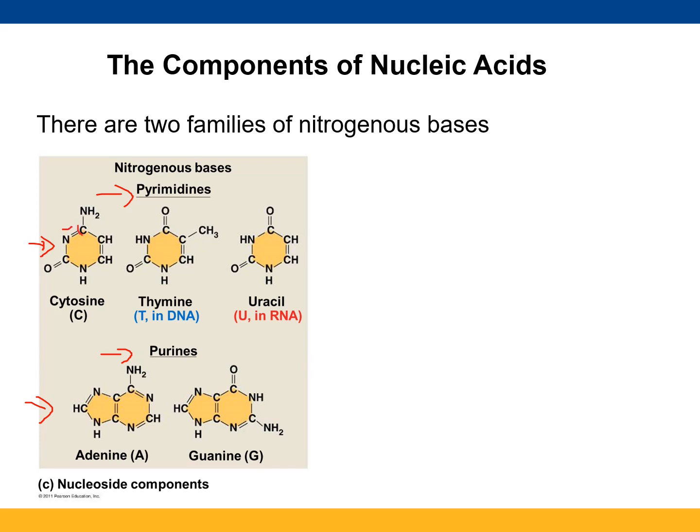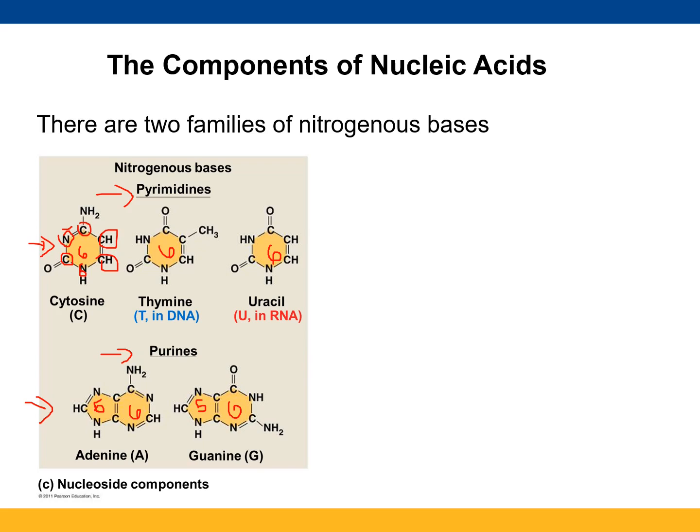So here you have 1, 2, 3, 4, 5, 6. Here you have a ring of 6 members, like in all of these you will have 6 members, while here you have 2 fused rings of 5 and 6. And this is one key difference.